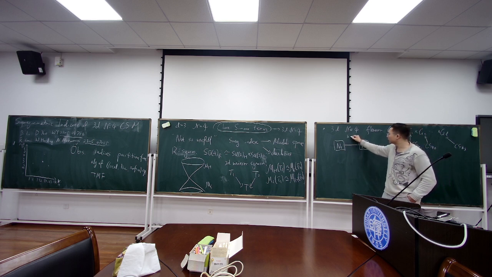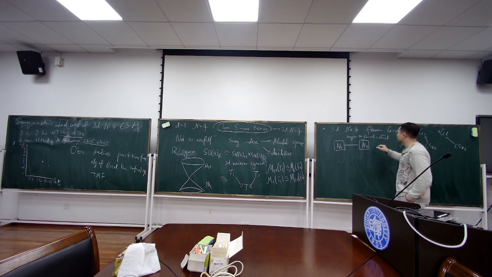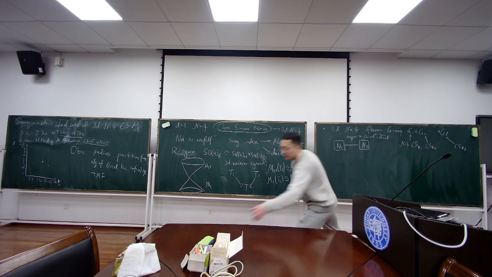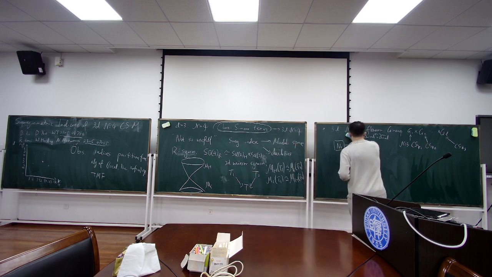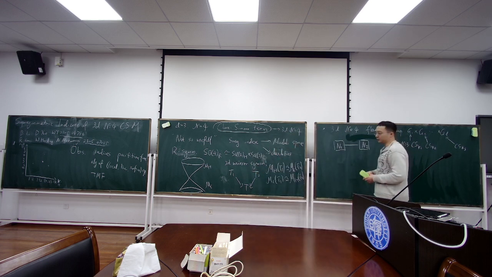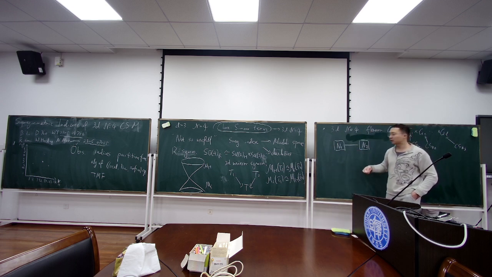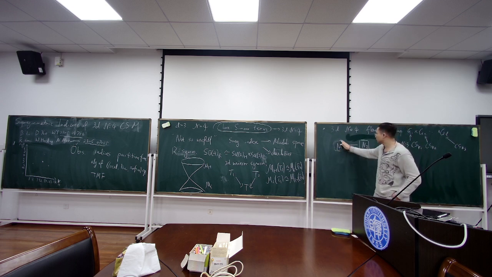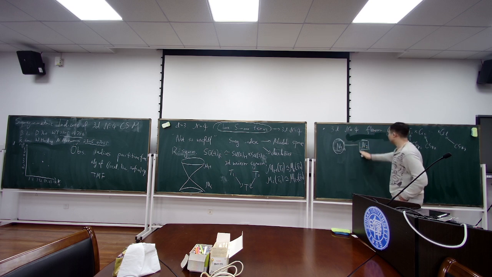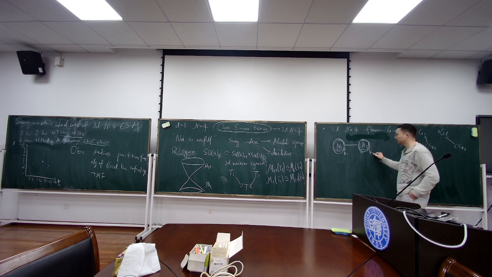One 3D N=4 hyper decomposes into a chiral plus an anti-fundamental chiral in the N=2 language. I start with this free theory of a bifundamental hyper and couple it with Chern-Simons terms k1 and k2.